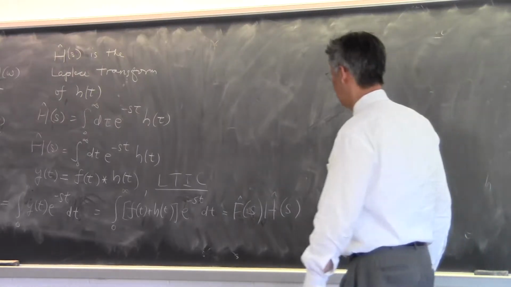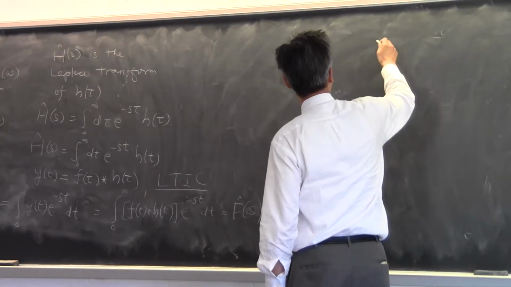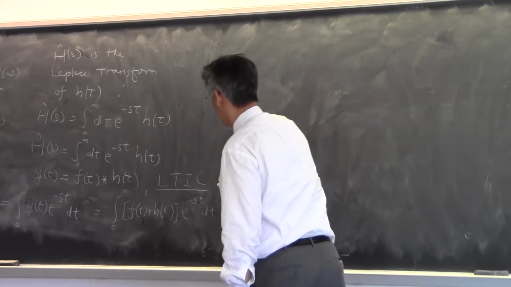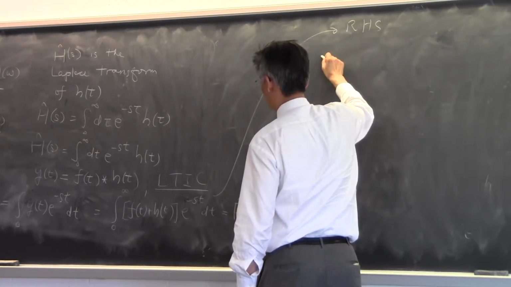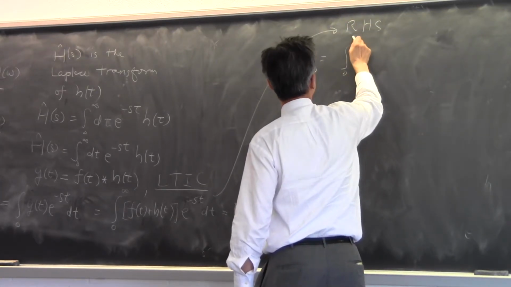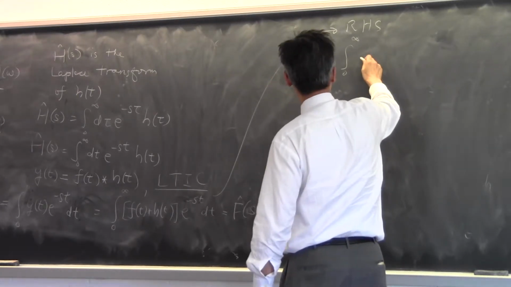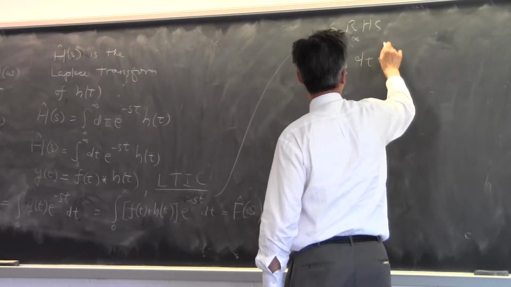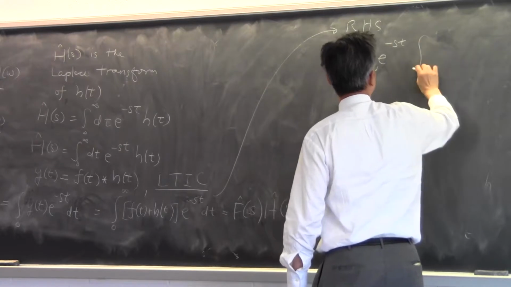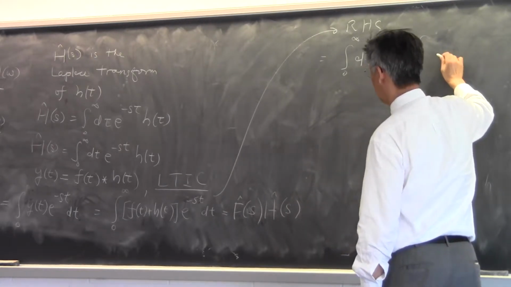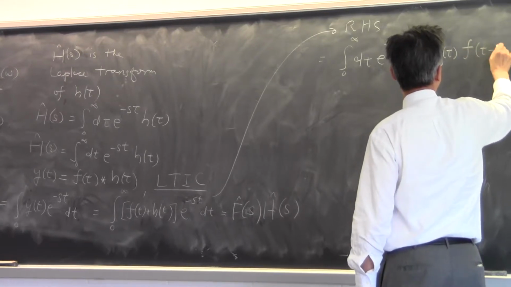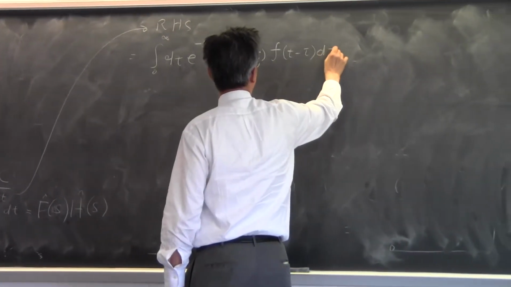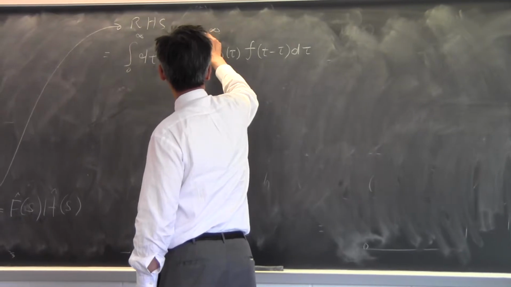So if we were to do this, then we can see that this thing over here, which is the right hand side, is equal to the integral from 0 to infinity dt e to the minus st, and then I can write this as a convolution, h of tau f of t minus tau d tau from 0 to infinity.